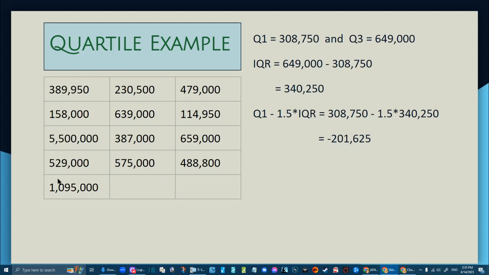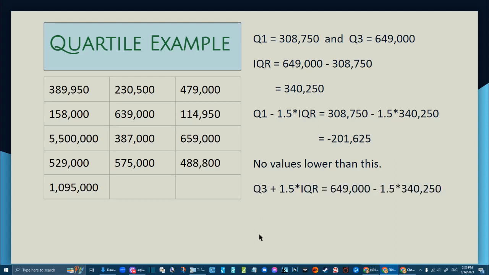Looking at this data table, the smallest value that I see is a positive 114,950. So I don't have any values less than this lower bound. So there aren't any outliers on the lower end of my data. All of the lower values in this table are reasonable given the width of that middle 50%.